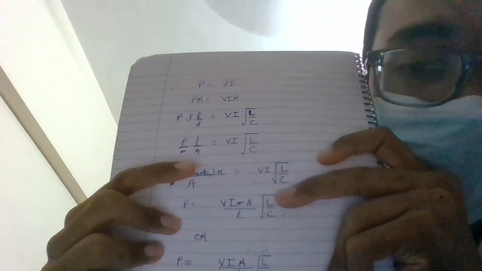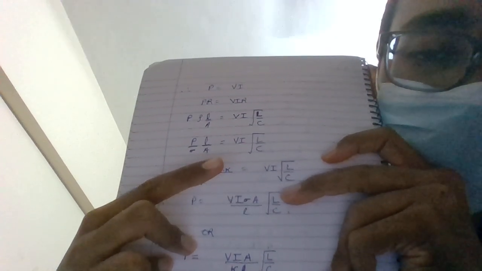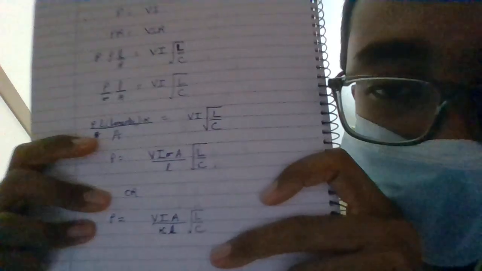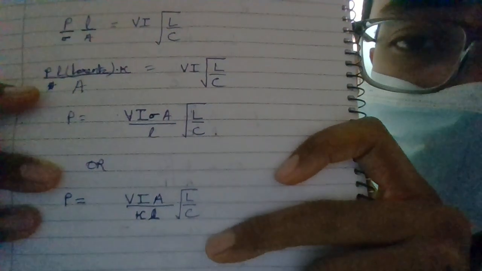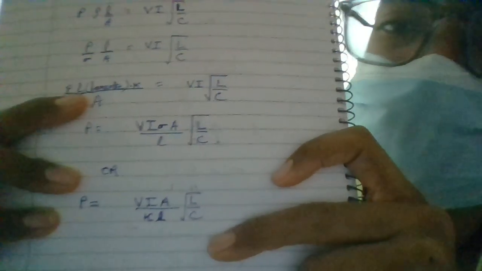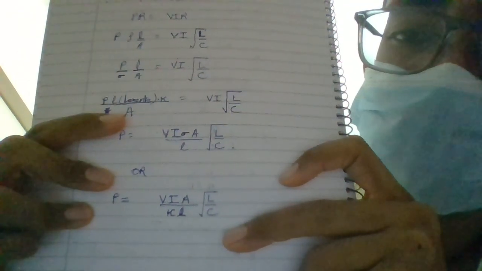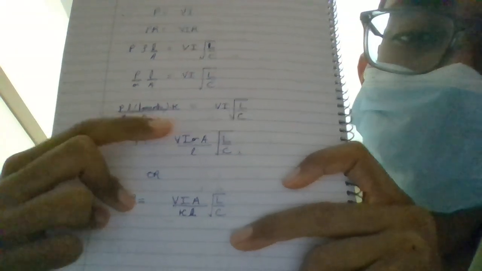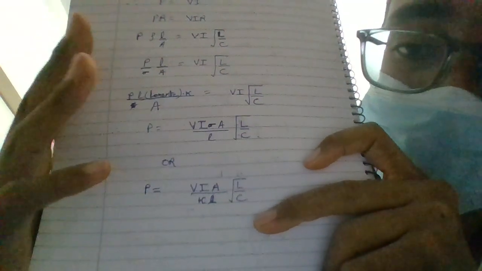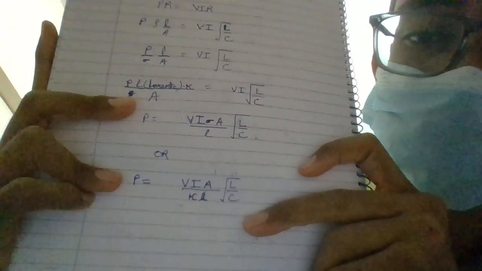That way you'll get V times I times the square root of L by C. Now here, see, P times l times Lorentz times kappa upon A. We take this from the Wiedemann-Franz formula, that being equal to V times I times under root L by C. Yeah, this is going to get as complicated as it's going to get, but hey, it's worth a try.